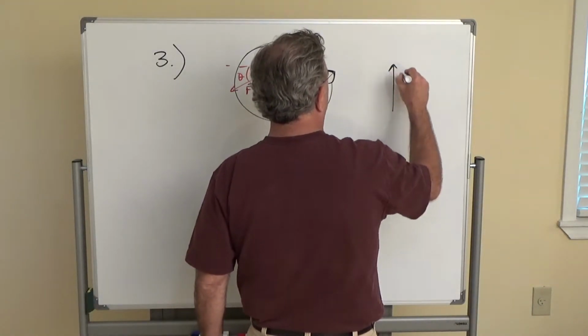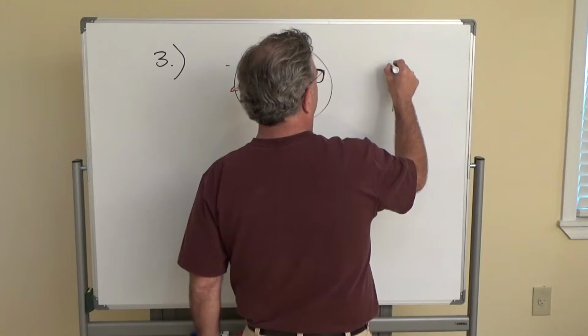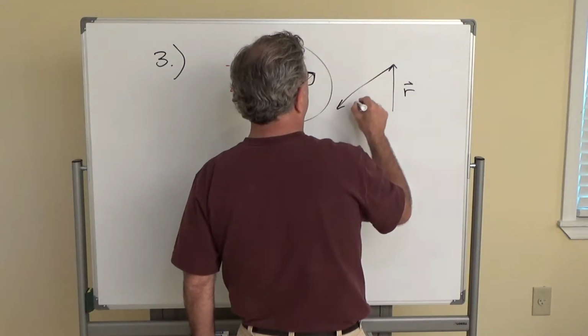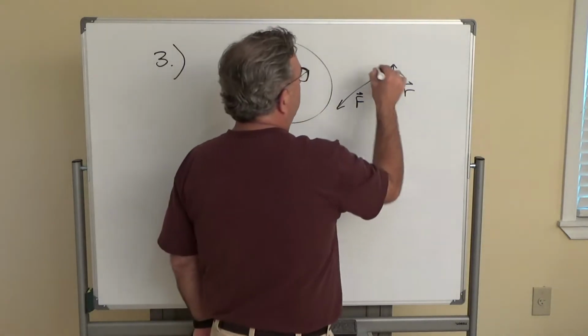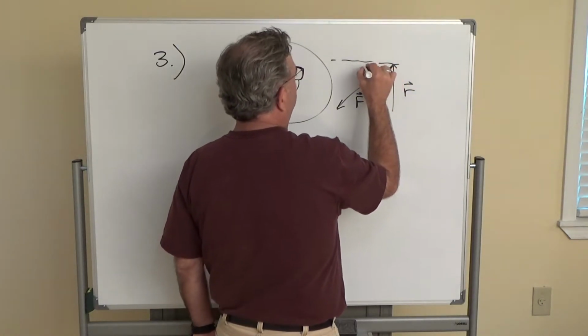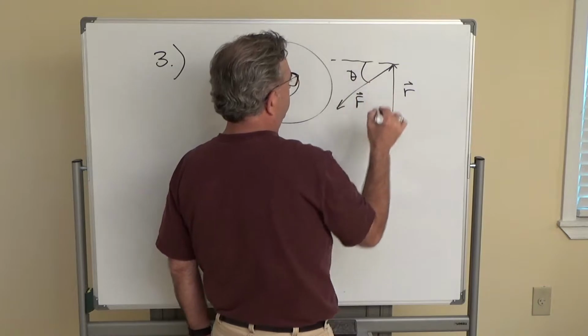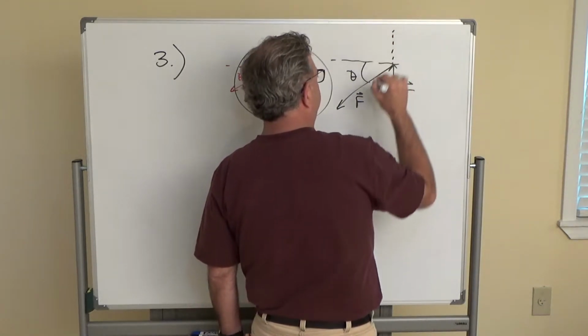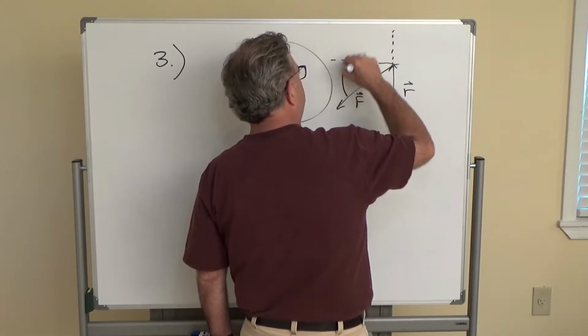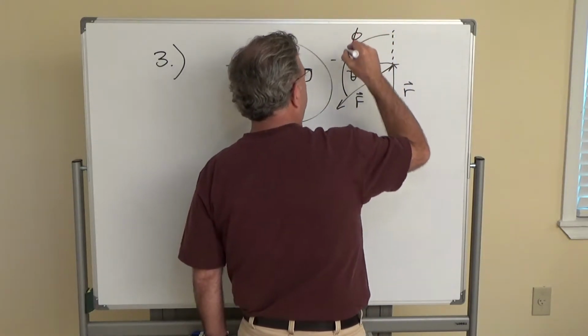Here's R, and here is F, and this is not to scale by any means. They give you this angle theta, okay? For the way I've defined it, this angle would be phi.